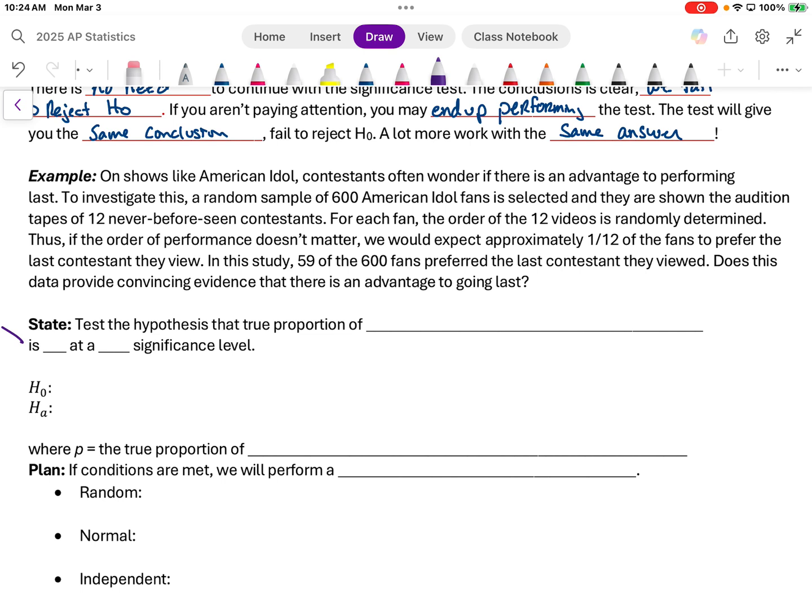Thus, if the order of performance doesn't matter, we would expect approximately 1/12 of the fans to prefer the last contestant they view. In the study, 59 out of 600 fans preferred the last contestant they viewed. Does this data provide evidence that there is an advantage to going last?